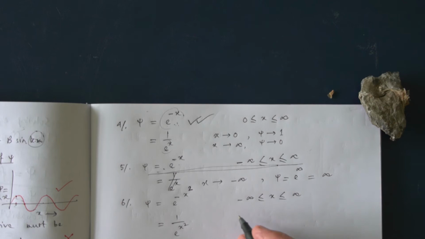Now here, if x tends to minus infinity, minus infinity square will be plus, so 1 by infinity, that means psi becomes 0. Then if x tends to infinity, it will also be 1 by infinity square, that means psi tends to 0.